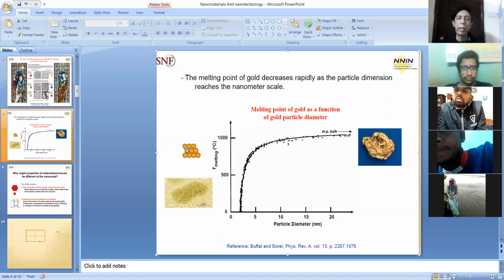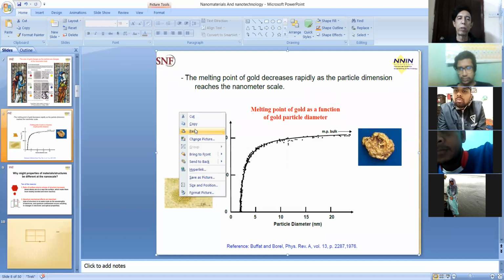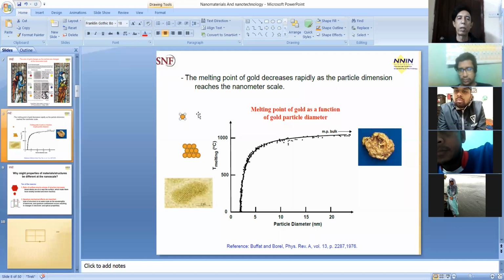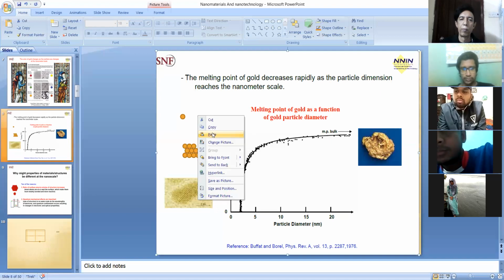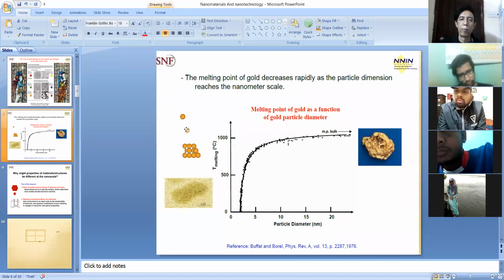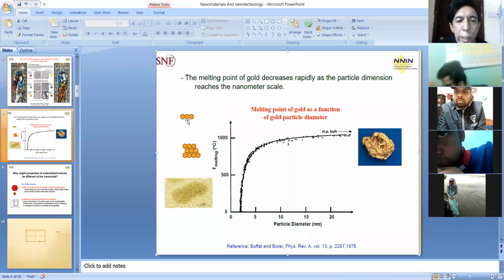But if it is like that, say for example, this is a gold nanoparticle, I have to break only 2 bonds.